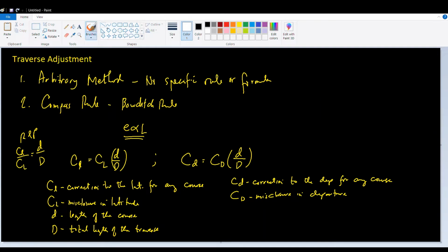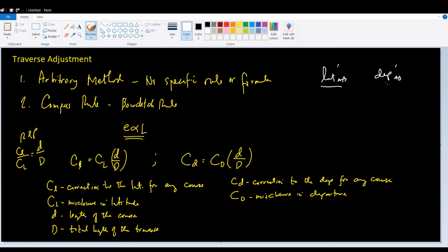After adjusting, we shall refer to the adjusted latitude as lat prime of, say, line AB, and the adjusted departure as dep prime of the line AB.